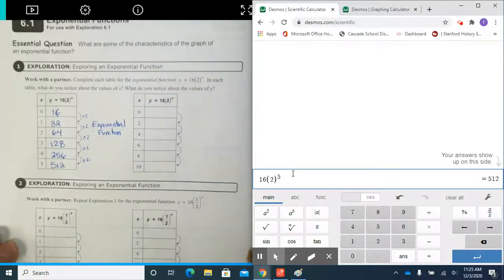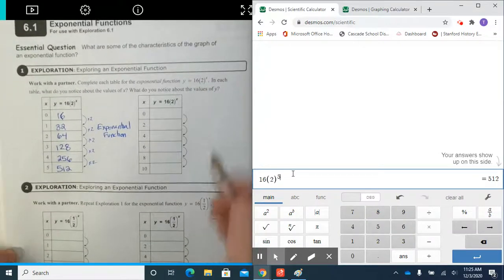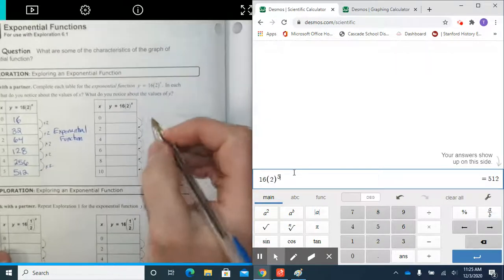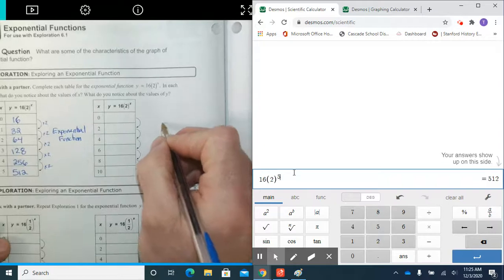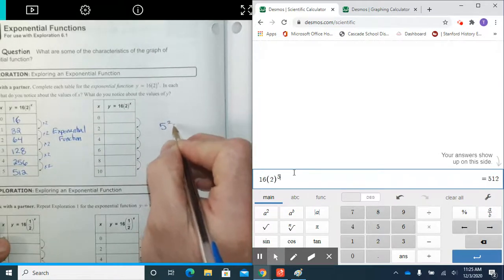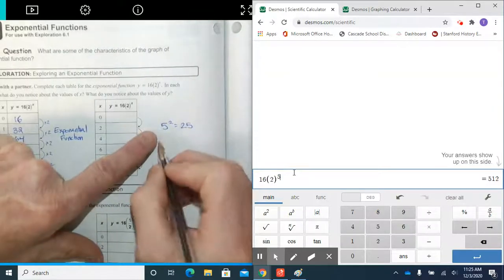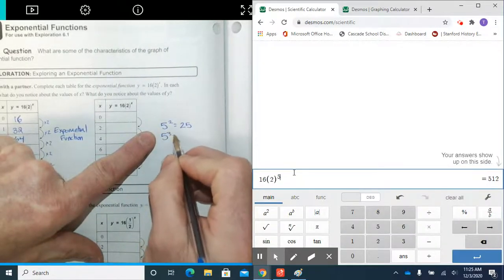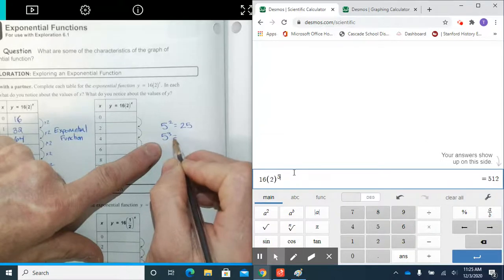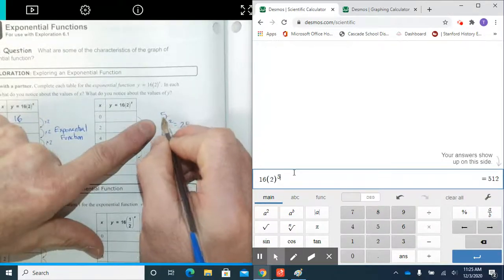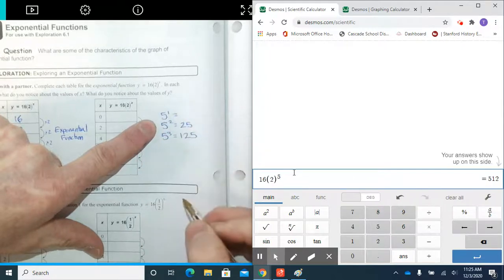Let's move on. Let's get a quick reminder as far as exponents go. Remember that. Let's take 5. 5 squared equals 25. 5 times 5 is 25. 5 to the third power, 5 times 5 is 25, times another 5, we get 125. Now what about 5 to the first power?